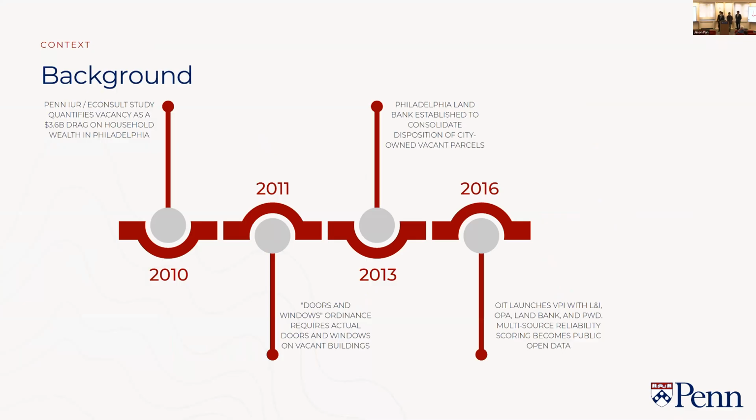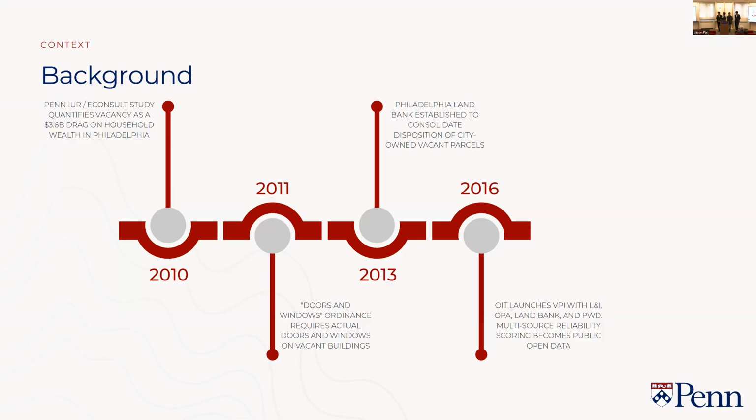Here comes the background. Everything begins in 2010. Penn IUR and an international study quantified vacancy as a 3.6 billion dollar household wealth loss in Philadelphia. The next year, in 2011, the doors and windows ordinance required actual doors and windows on vacant buildings.